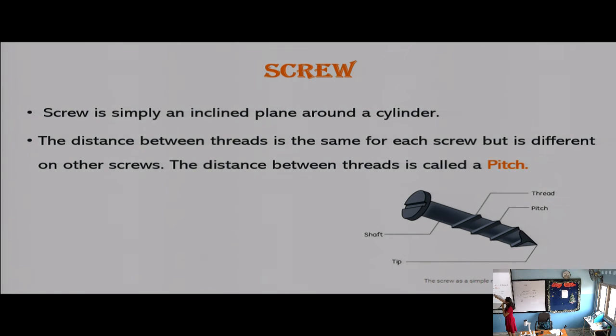And these are called threads. Thread. And the distance between the threads is called pitch. Pitch. So, how many parts? 1, 2, 3, 4. What is this called? Shaft. What is the end called? Tip. And this?